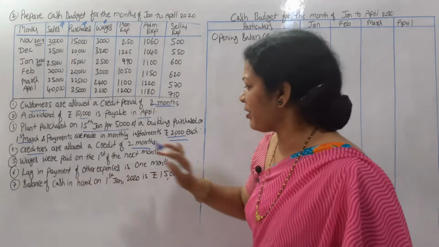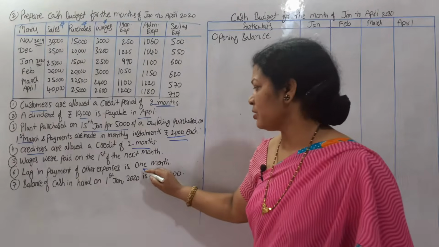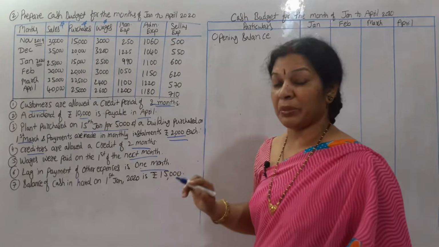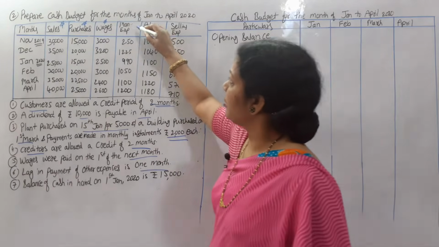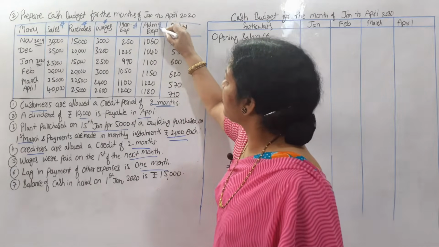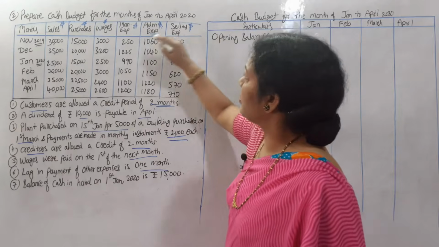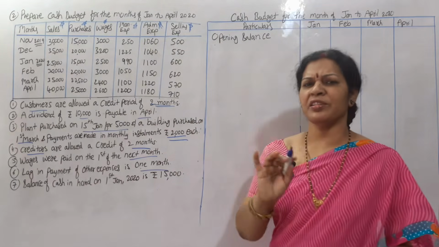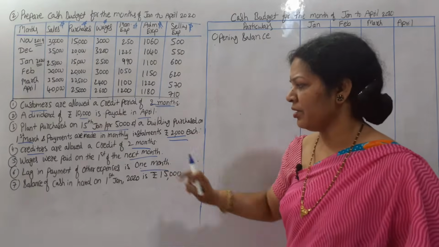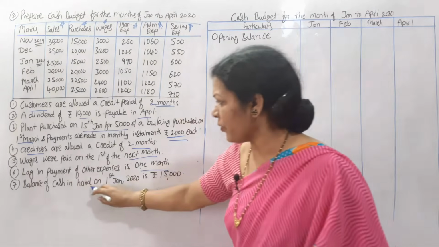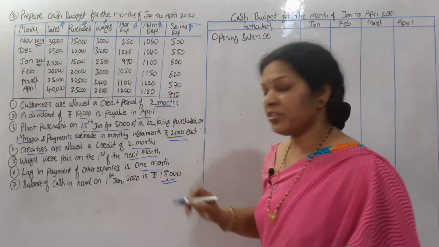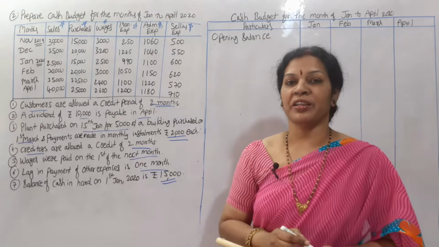Lag in payment of other expenses is 1 month. What are the other expenses? Manufacturing expenses, administrative expenses, selling expenses. All these also have 1 month delay. And balance of cash in hand on 1st January is 15,000. This is the opening balance. With this we'll start the problem.